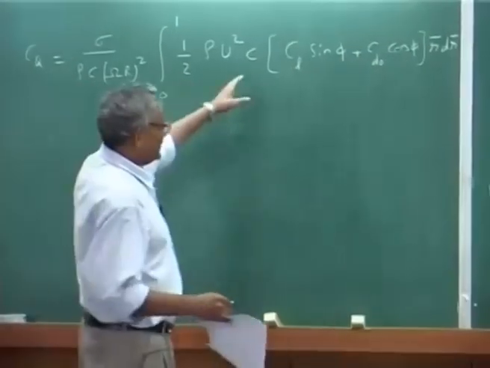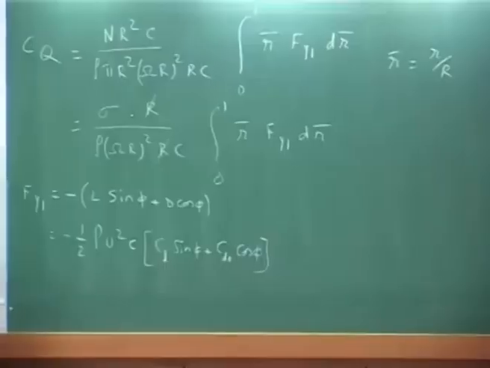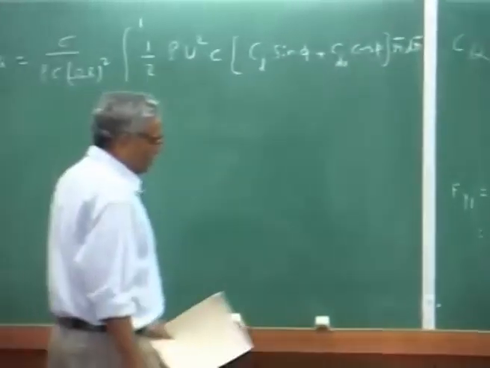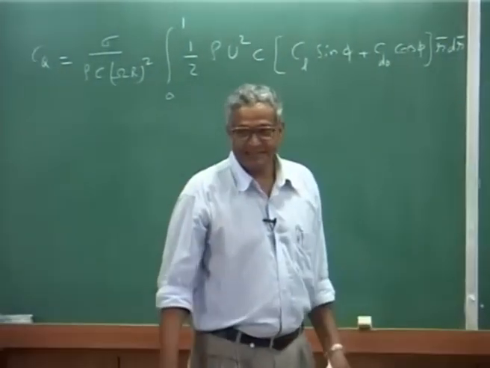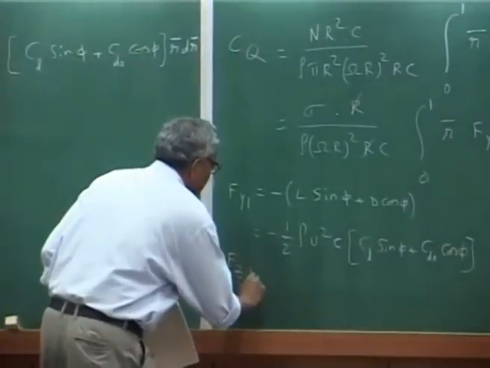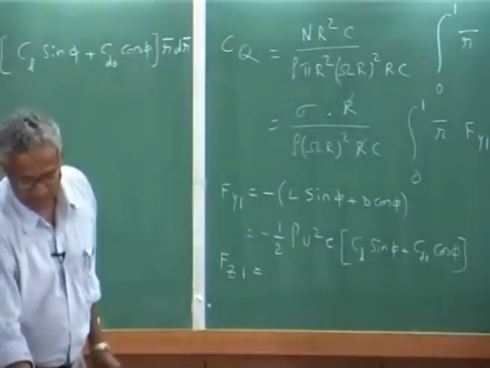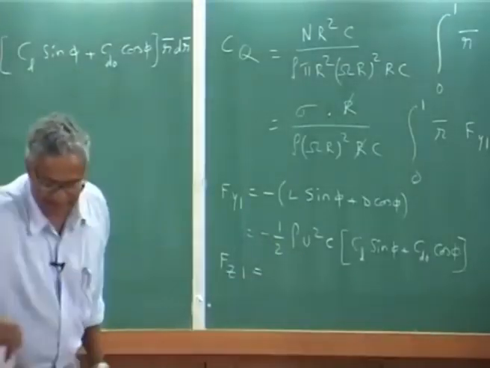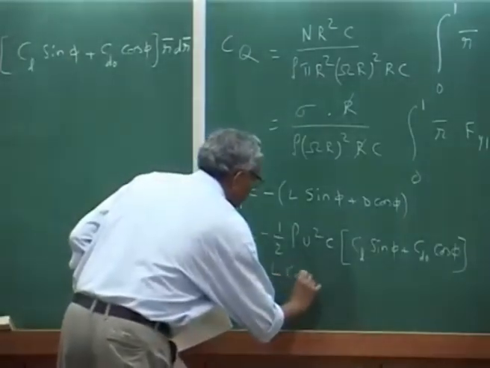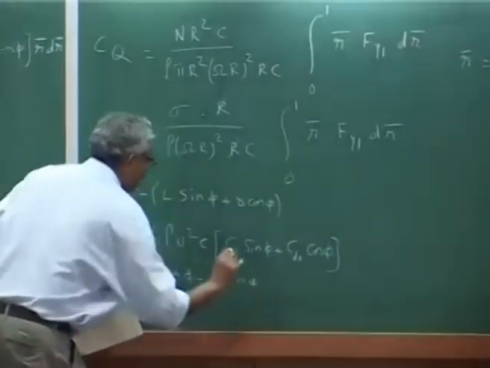Okay. I have put this here. Now, is the small jugglery we will do. See, we know Fy1 is this. Similarly, we have Fz1 is essentially L cosine phi minus d sin phi. Okay.